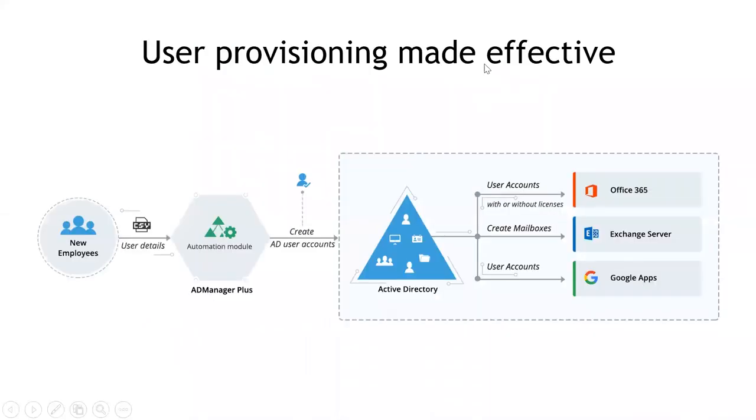The application can also automate the process of, this is for user onboarding. When I say onboarding, not just in Active Directory, in Office 365 with or without license, create Exchange mailbox, no matter what version of Exchange you have, create account in G Suite as well, all in one shot.